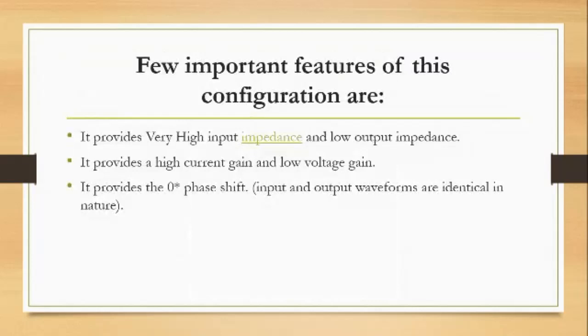It provides high current gain and low voltage gain. It provides zero phase shift. Input and output waveforms are identical in nature. Okay, so these are the few important features of this configuration.